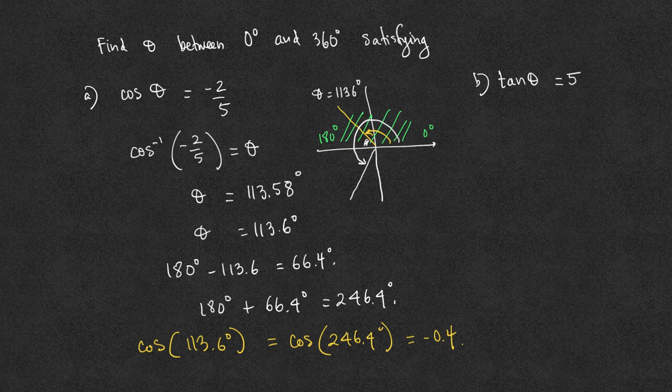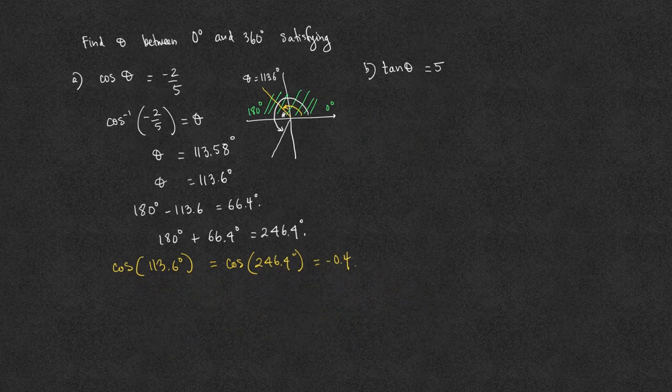Similarly, for tangent of theta equals 5, there should be two angles that satisfy this condition. 5 is not one of those special ratios, so we would use inverse tangent. Tangent inverse of 5 equals theta. We use the calculator to obtain theta, which is 78.69.